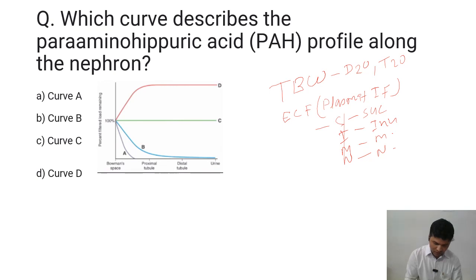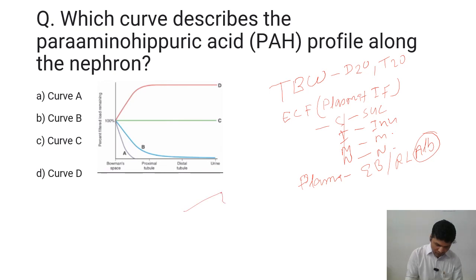And for plasma, which is inside the blood vessel, we can use two dyes: Evans blue, and the second one is radio labeled albumin.